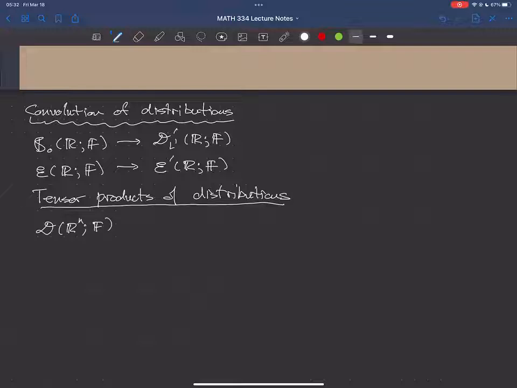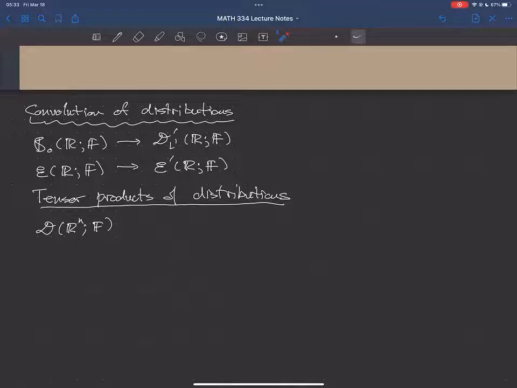Once we've defined D of R, in the case where n is equal to 1, reasonably carefully, as we've done, the ensuing discussion for the case where the domain is Rn is not complicated. It has the same definition. So D of Rn, F, are the F-valued functions on Rn that are infinitely differentiable and have compact support. Okay, so exactly the same definition.